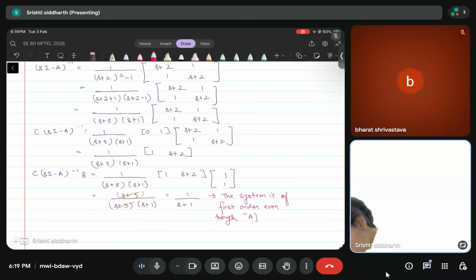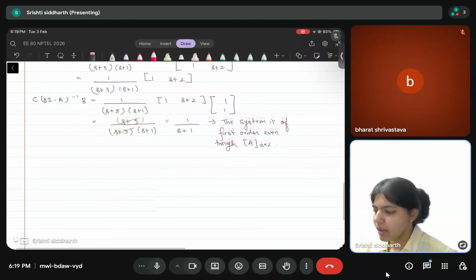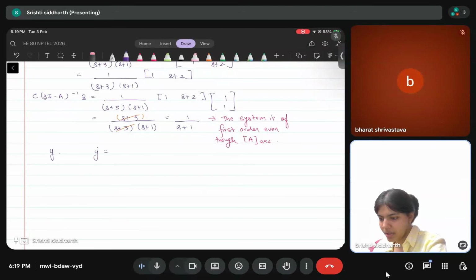And then we have the sign of A as 2 by 3. Okay. So this means that there might be a state, let's say that state is Y, so that you can just write Y dot equals AY plus B, where A and B are scalars.